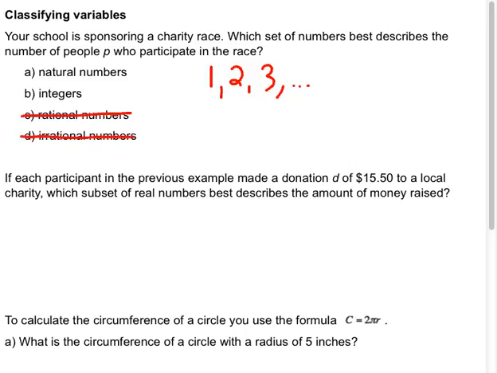And in B, we're not going to have a negative amount of people. So the best representation that you can have here is going to be A, the natural counting numbers. That's going to be the best representation of how many people can participate in that race. Because again, natural numbers are just the counting numbers. And that's all you need in this situation.